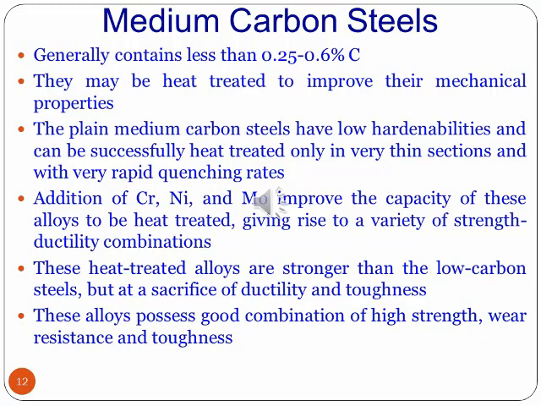The heat treated alloys are stronger than the low carbon steels, but they sacrifice the ductility and toughness. These alloys possess good combination of high strength, wear resistance, toughness, etc. We shall see the application of this in the next slide.